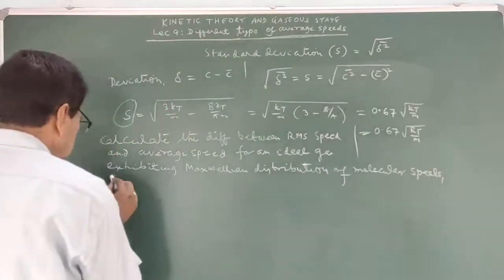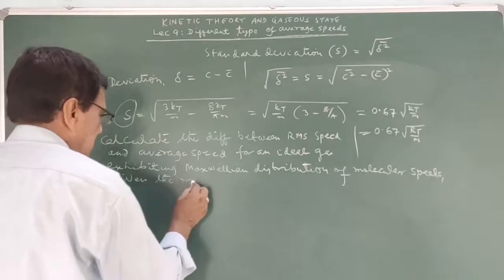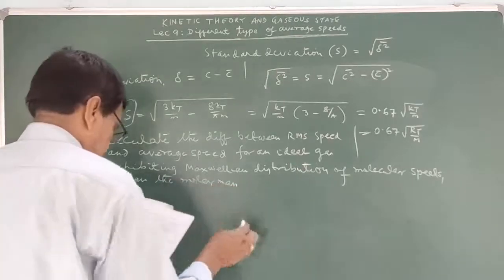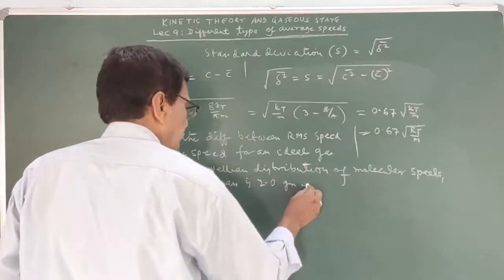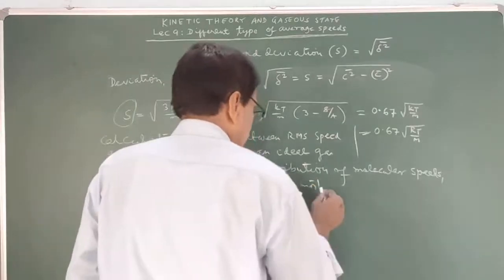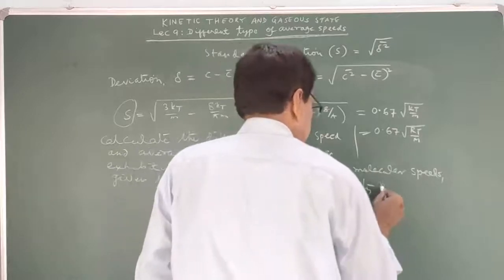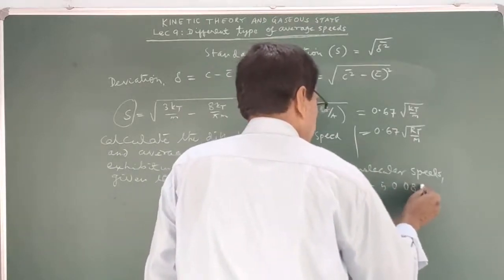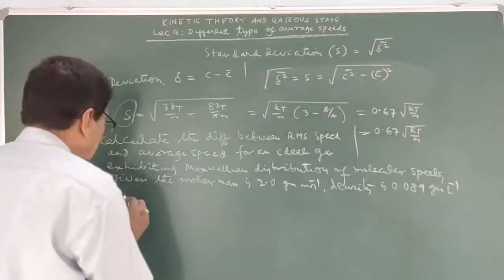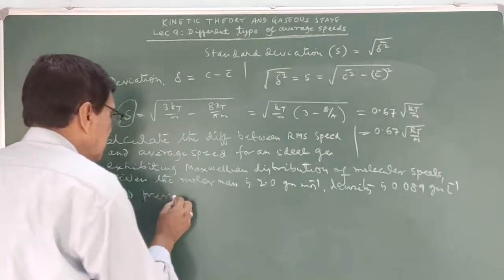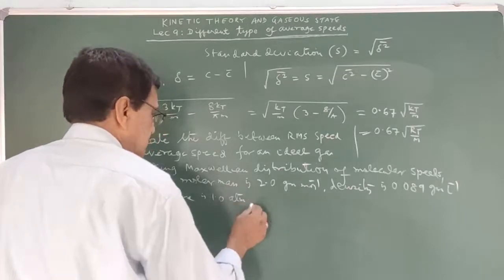Given the molar mass is 2.0 gram mole inverse and density is 0.089 gram liter inverse and pressure is 1.0 atmosphere, and this is the problem.